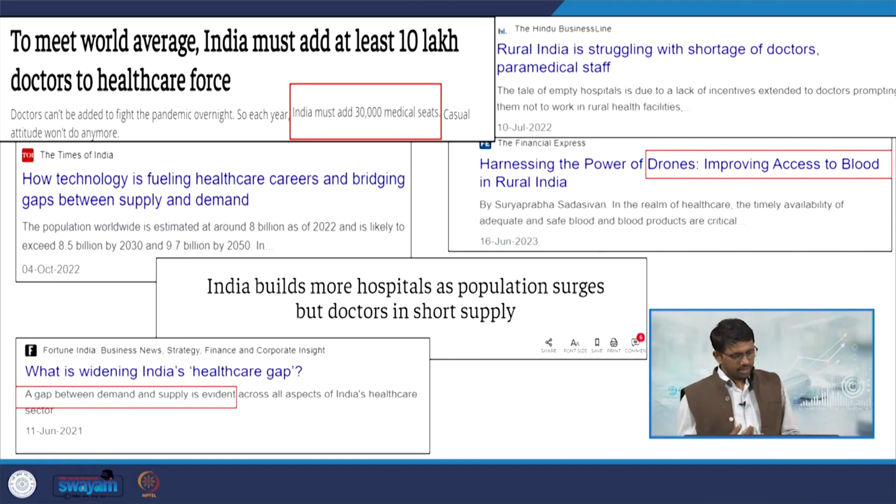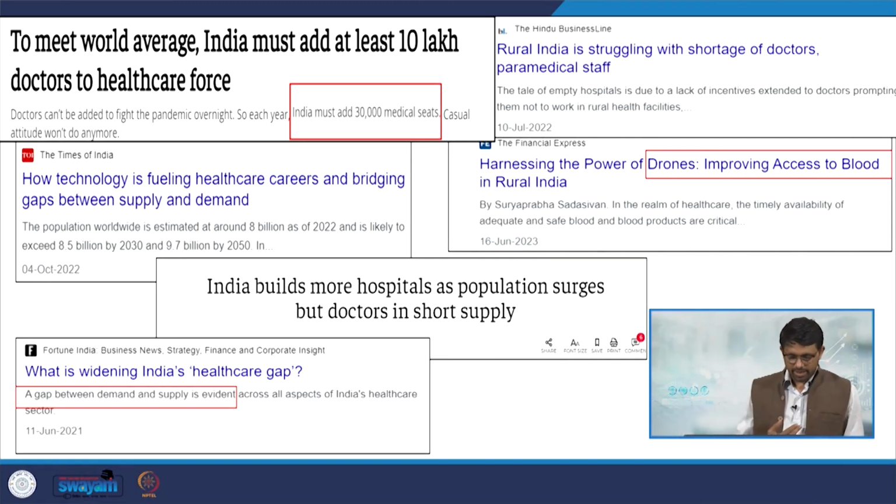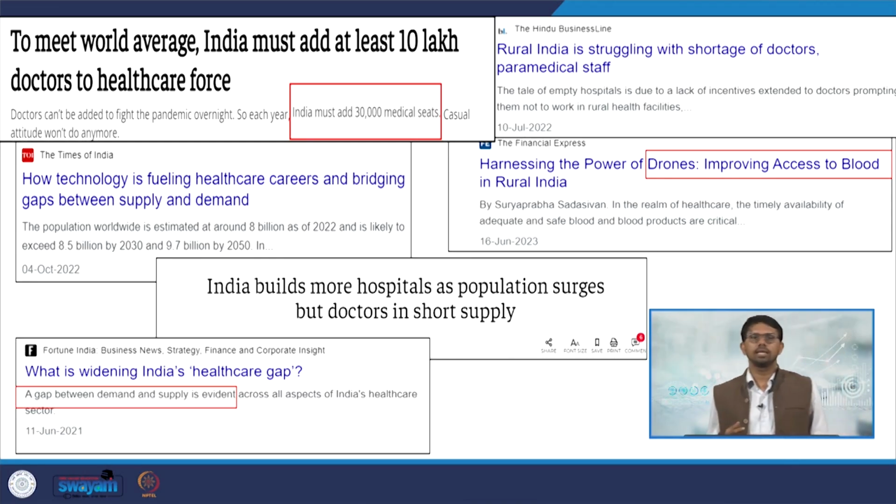Another one, what is widening India's healthcare gap? A gap between demand and supply is evident across all aspects of India's healthcare sector. Similarly, some forecasting are also made. Healthcare forecasting are adding to the woes of the problems of healthcare system in India. There are a number of articles we can refer for you to read.